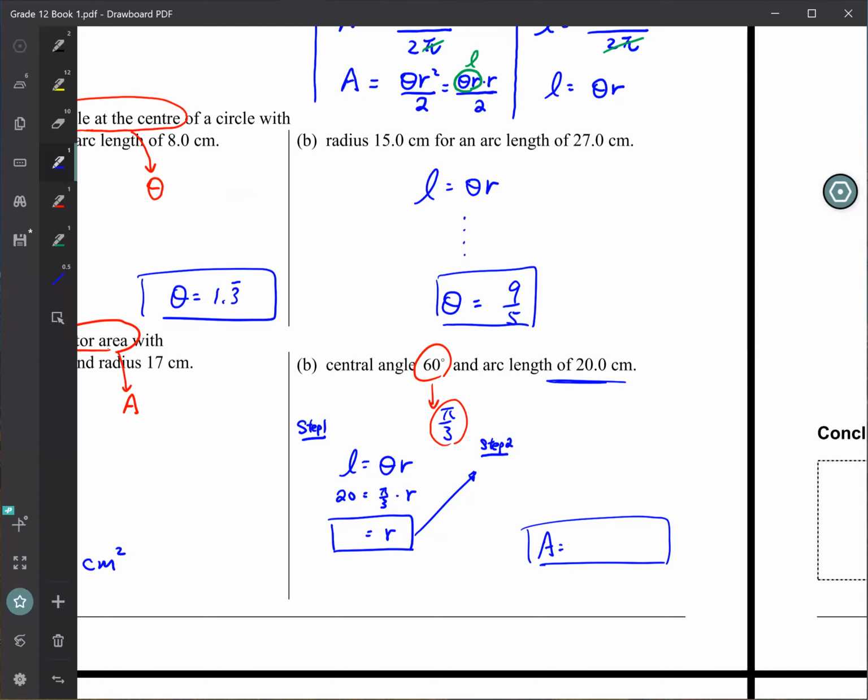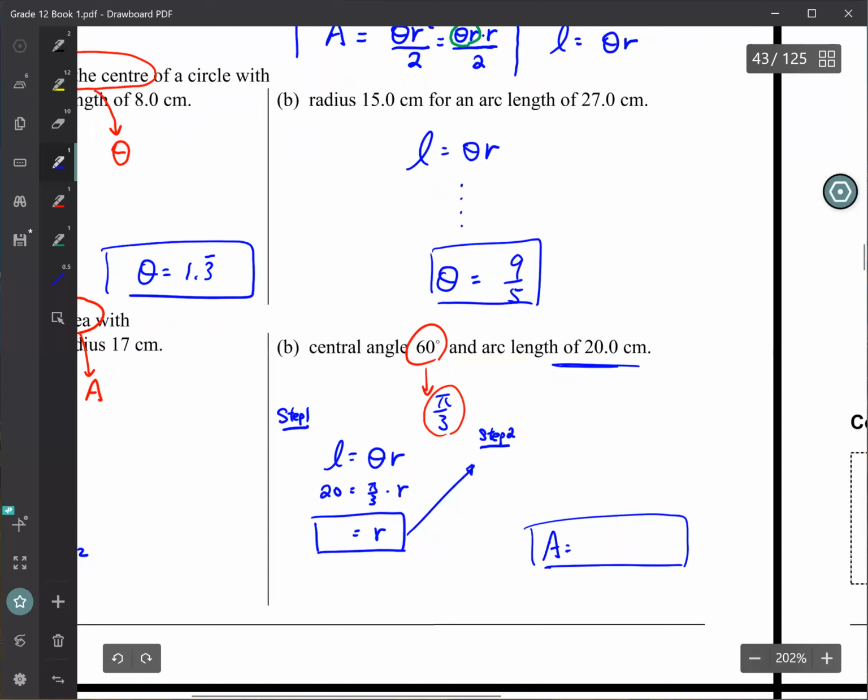Is there anyone still having trouble here? Like doesn't know how to continue? Step 1, step 2. Let me know, okay? I can explain more.